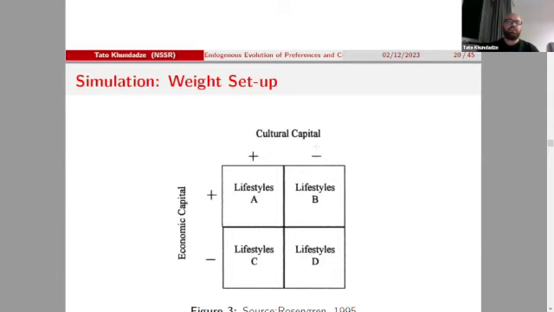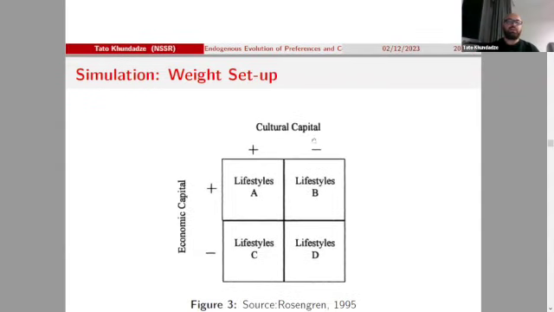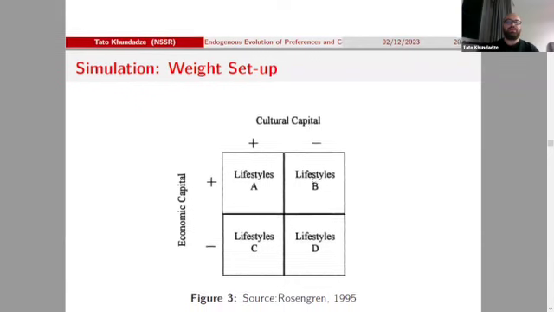So we hypothesize that these people would be more vulnerable to the Veblen effect. They will pay higher attention to what other people, like let's say A, consume, because they have lower cultural capital.